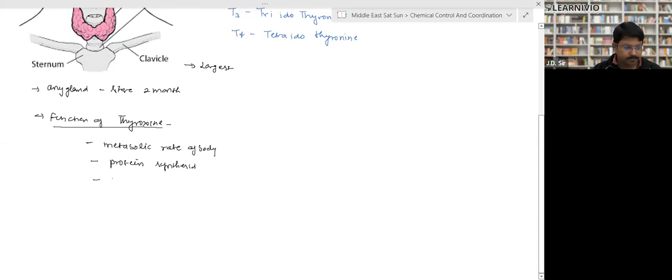Next, they regulate the development of mental faculty.